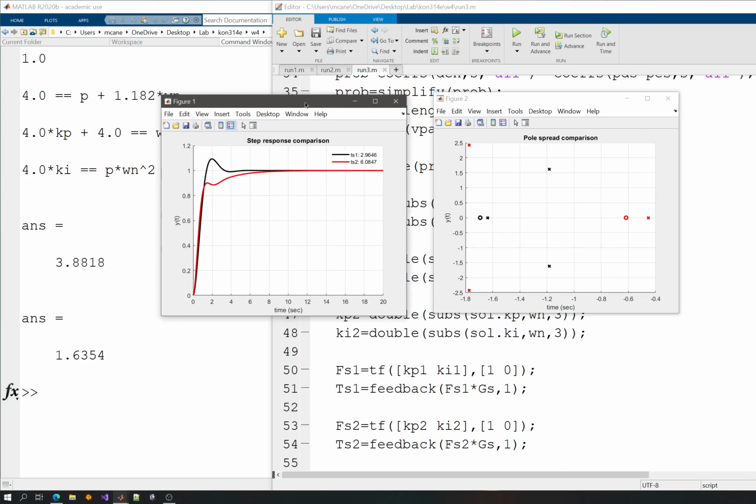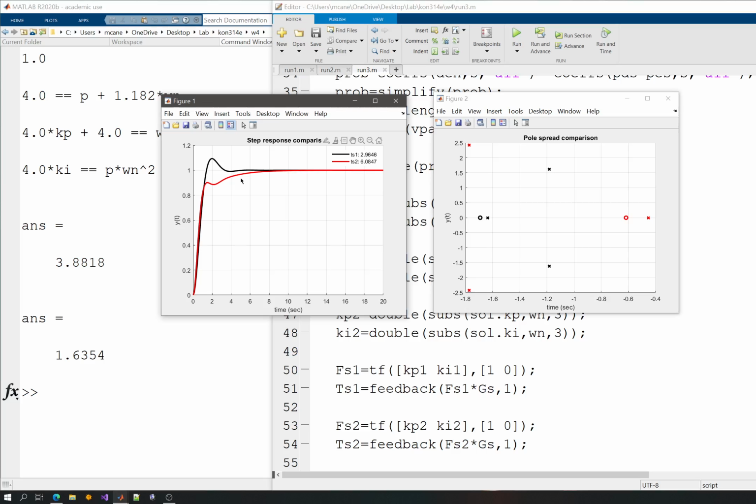Now you can see that this is still not a good idea, because they separated a little bit and they are on the right of this line here. So this is also not wanted. And you can also see that my 0 is really affecting my system. I don't have the overshoot that is desired here, and I don't have a nice response in terms of transient response.